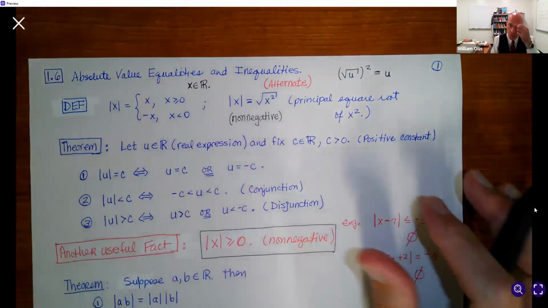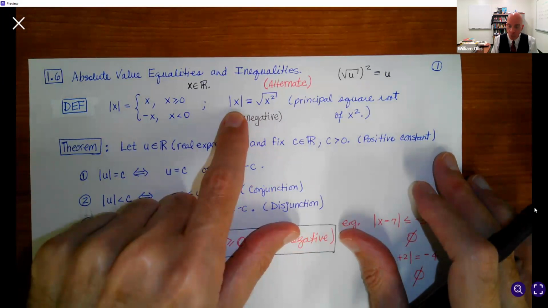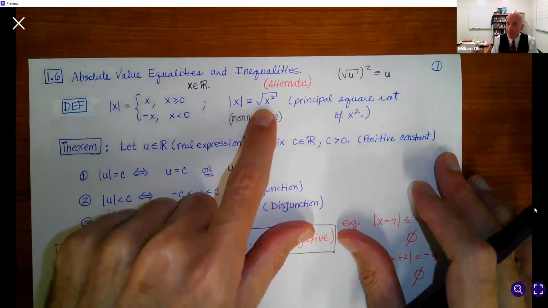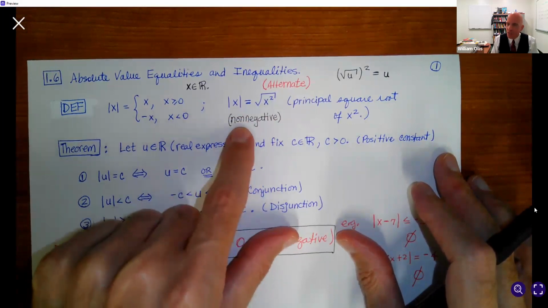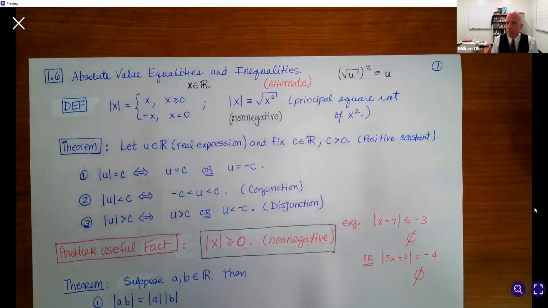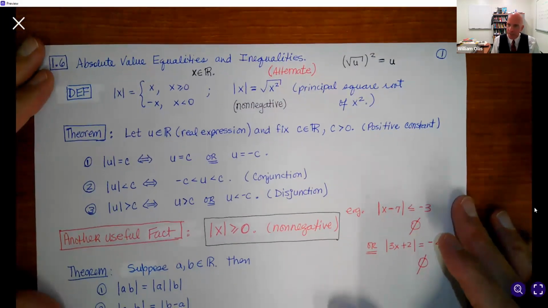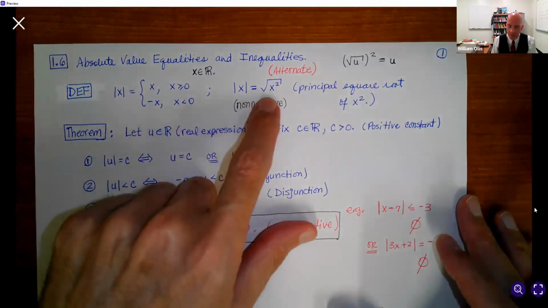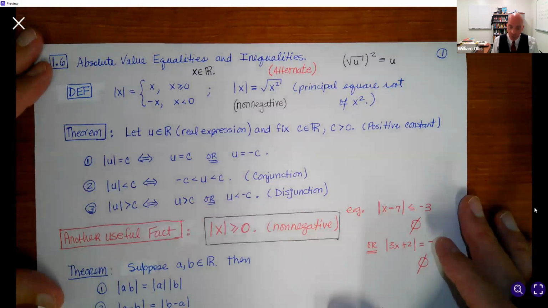And so we are forcing the non-negativity on this expression, and therefore we must replace the square root of x squared with the absolute value of x. And you'll find this to be useful, maybe not as often as you would like, but as you continue in your courses, there will be many opportunities to use this expression as an alternate to the absolute value of x.